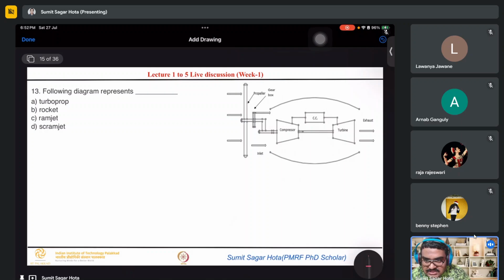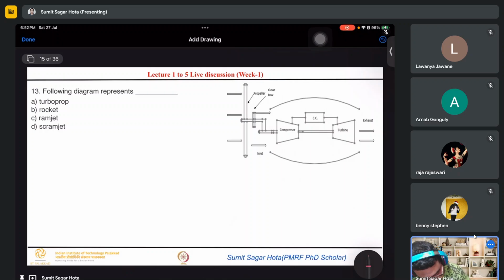So obviously, in this question there is no option of turbojet. They made it simple, or someone is going to be confused. So it's actually a propeller-based turbine engine, which is a turboprop engine.